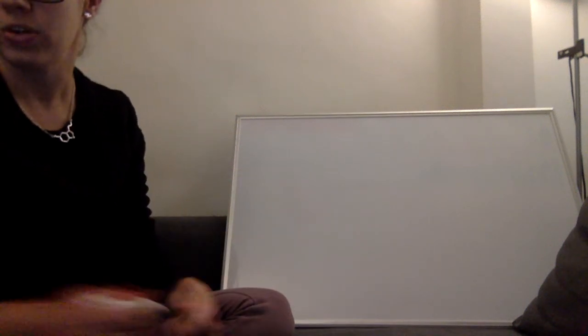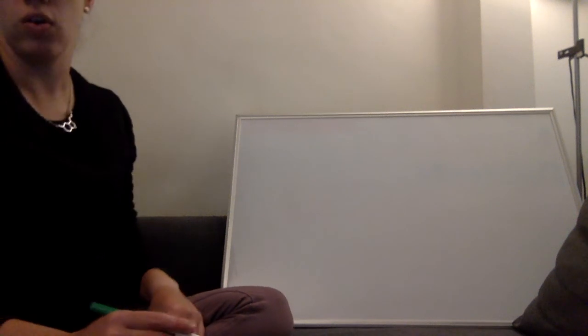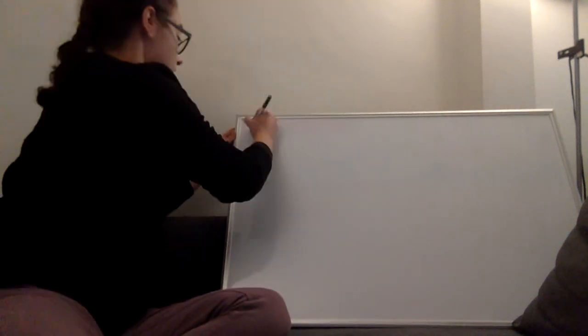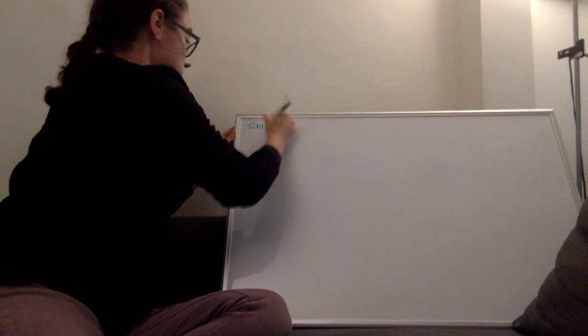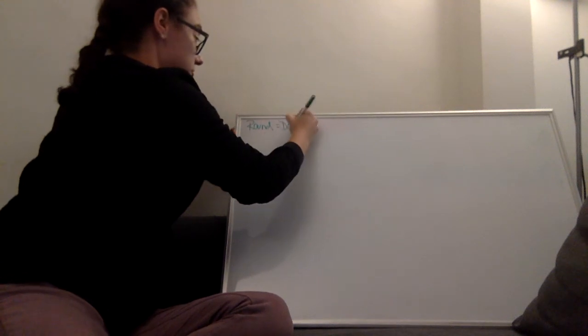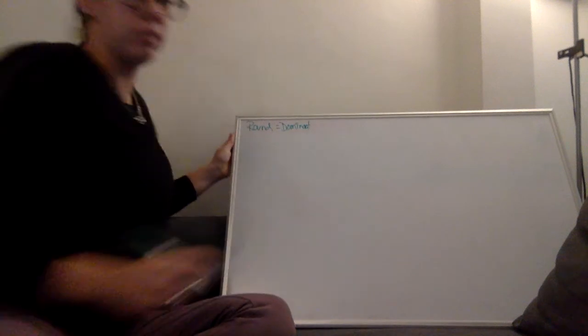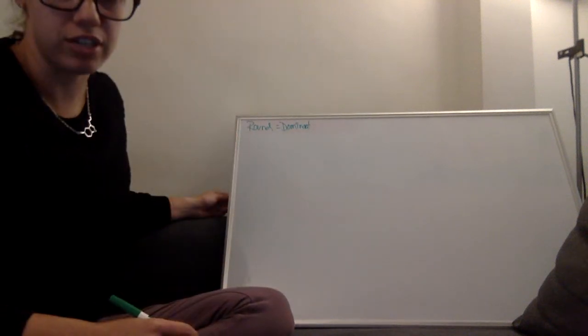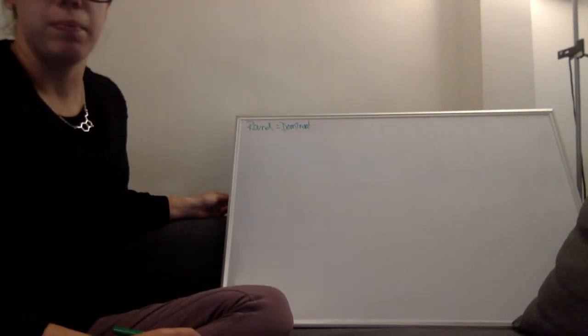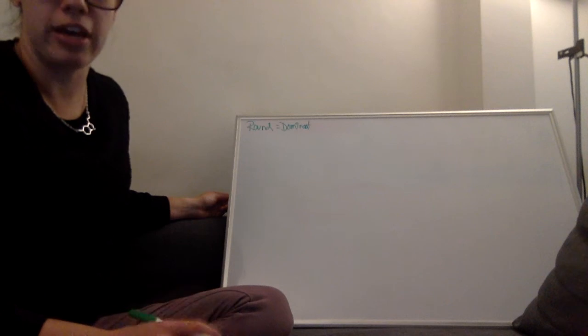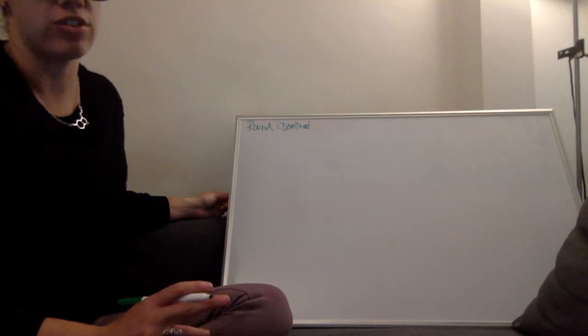So we're saying a round pea is dominant over wrinkled pea. So round equals dominant. Okay. That's kind of hard to see. Okay. We always use the letter of the dominant trait as our gene letters.